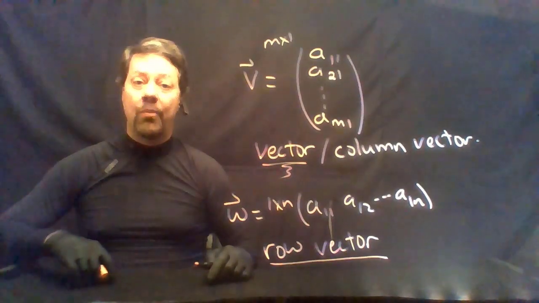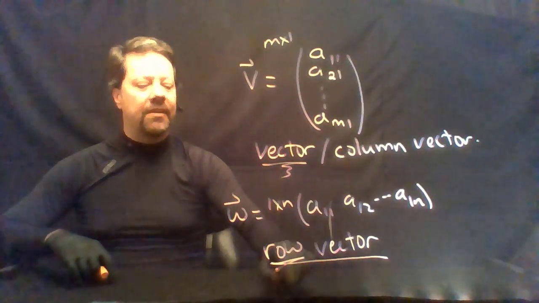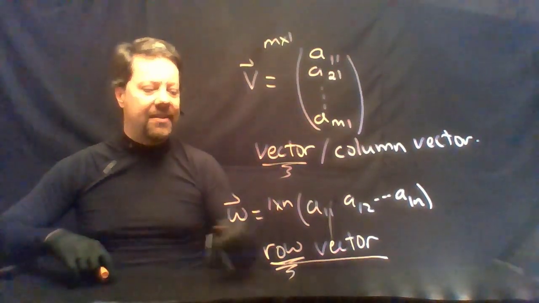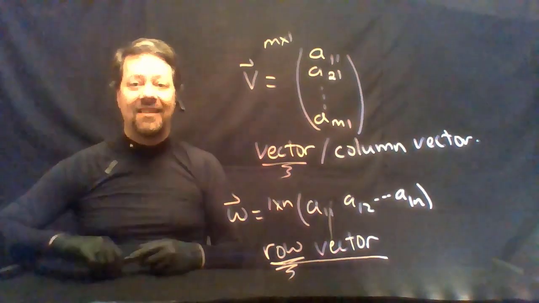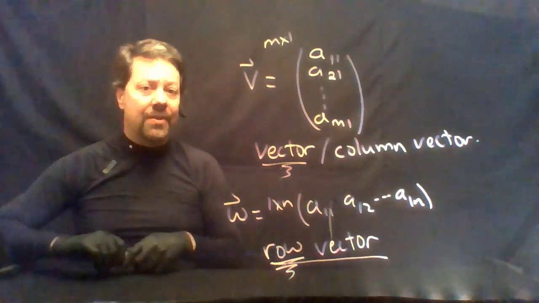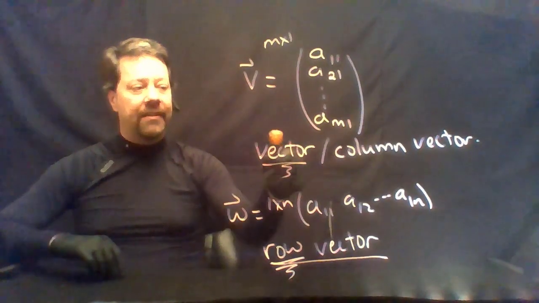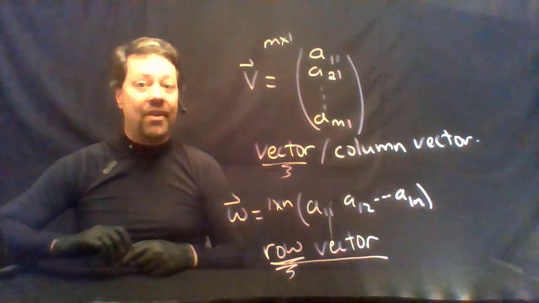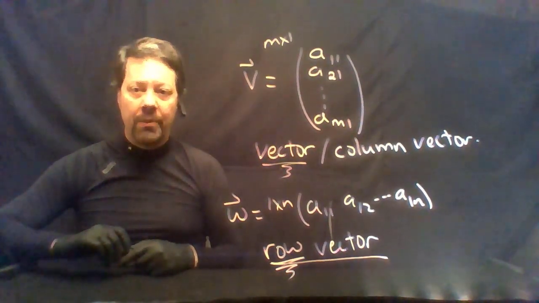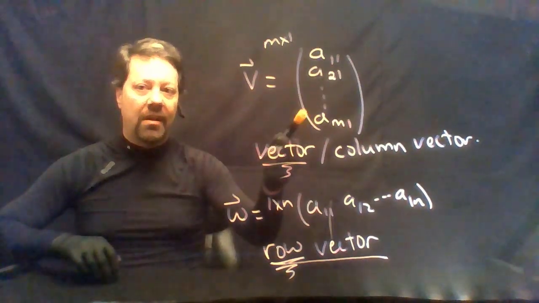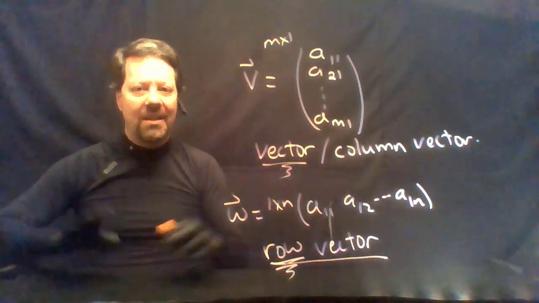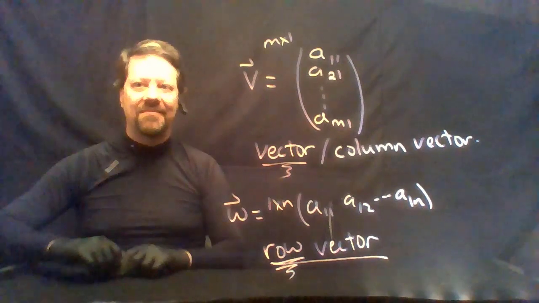If you're referring to a row vector, you must include the prefix or the adjective row. As we go through this course, you will see that we will use the word vector in many instances, and almost always we will refer to a column vector. Those are going to be the standard case.